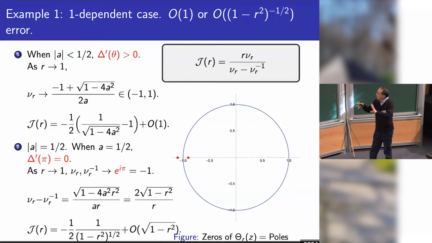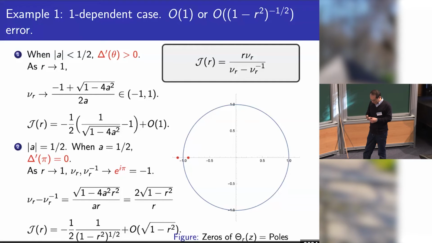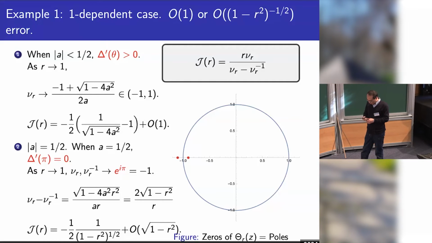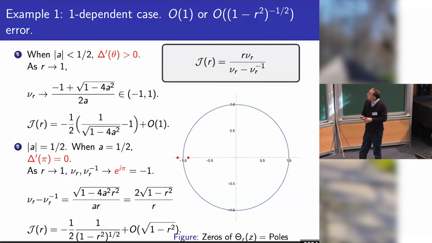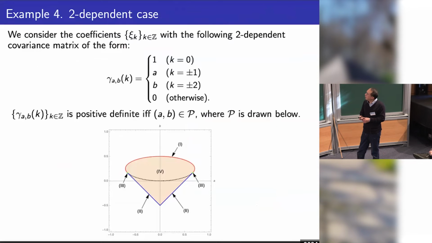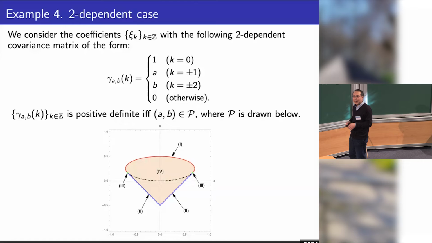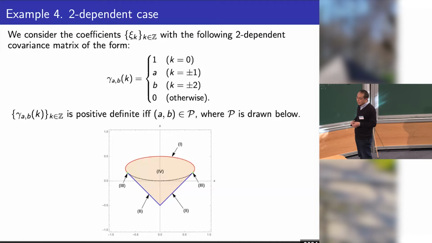Okay, so this is the structure of this problem. Now we are going to the two-dependent case. It's a little bit different, but here you are considering this kind of covariance kernel, 1 at 0, A at plus minus 1, and B at plus minus 2.